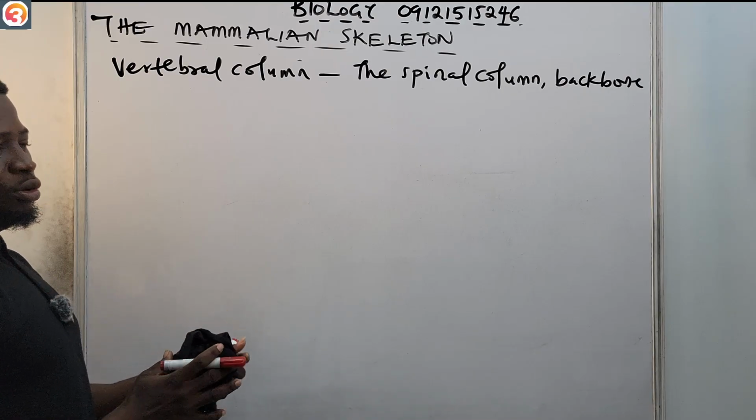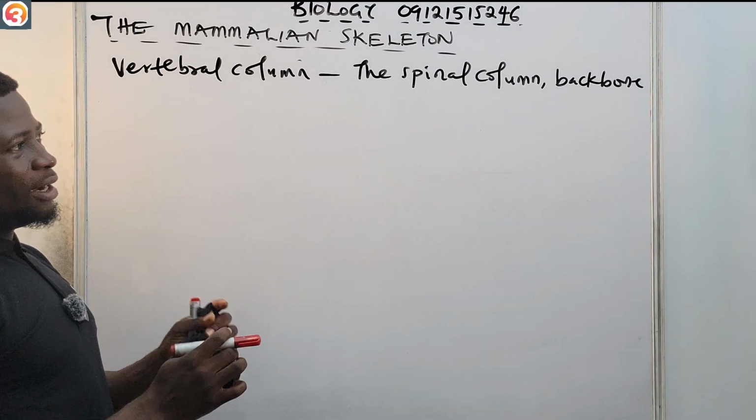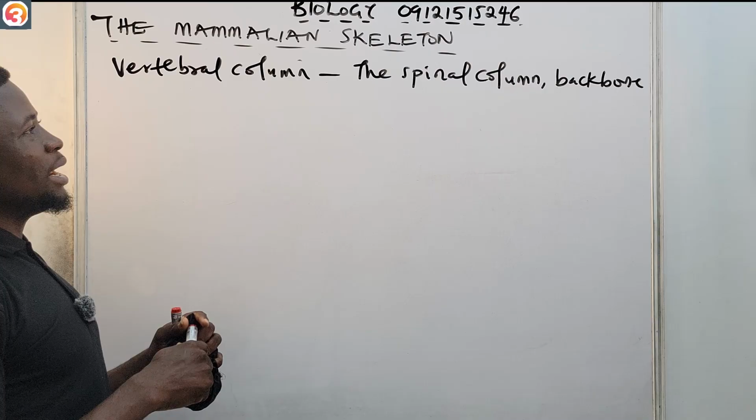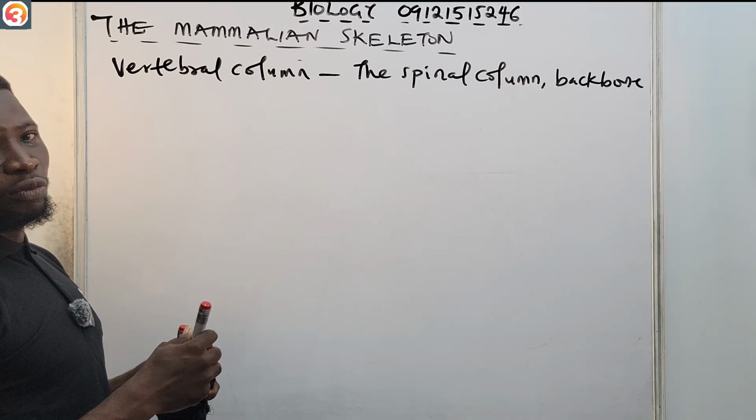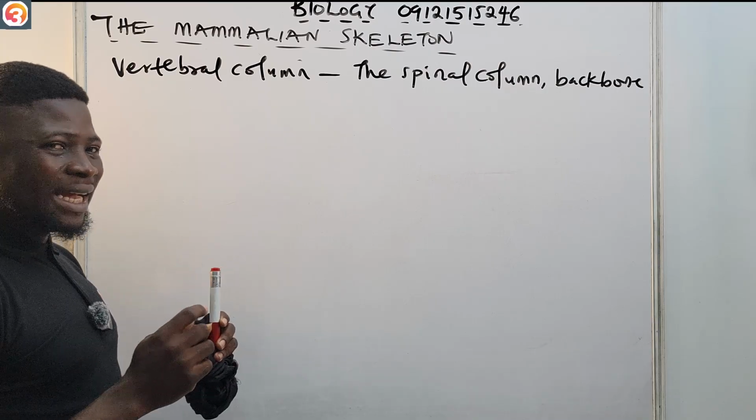It's also called the spinal column, or the backbone. Those are other names for the vertebral column. So now you should know that the vertebral column is very, very useful in protecting the spinal cord.